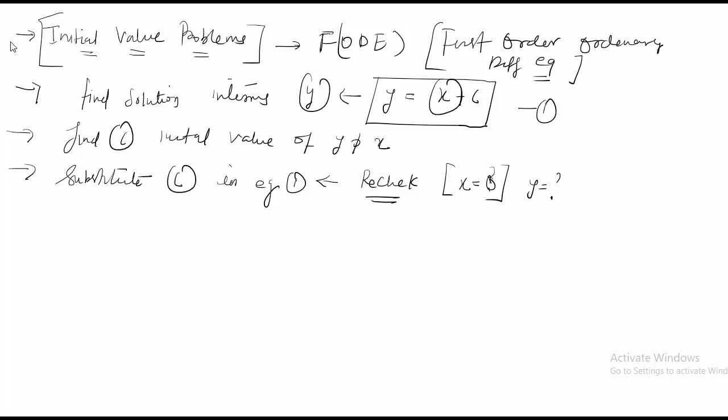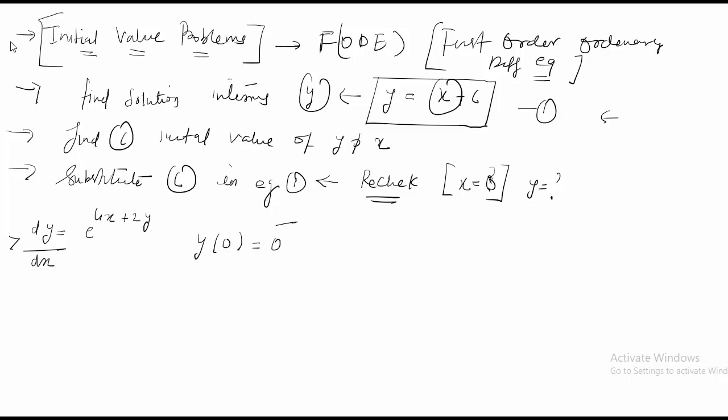So this is the method which I will follow. My question is a first order differential equation given by dy by dx is equal to e raised to 4x plus 2y. This is my question, and my initial condition is y of 0 is equal to 0.